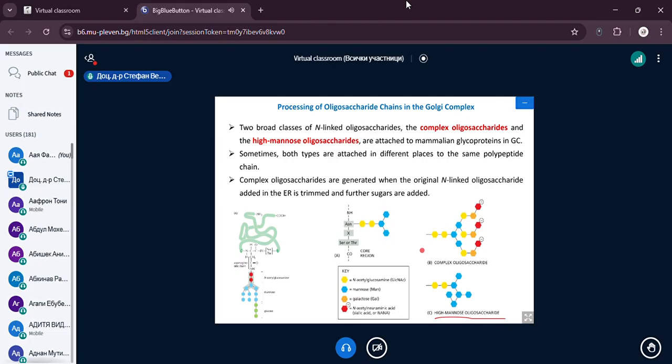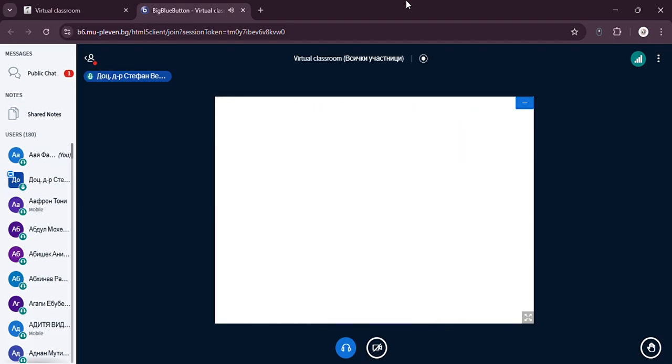Or other sugars can be added different from mannose. You see here galactose, N-acetylglucosamine, and this sialic acid or N-acetylneuraminic acid with its negative charge. And that's how complex oligosaccharides with negative charge are being added on the surface of the protein.